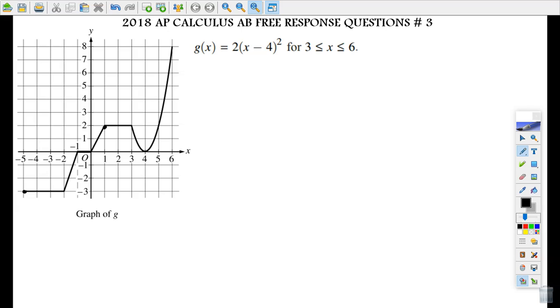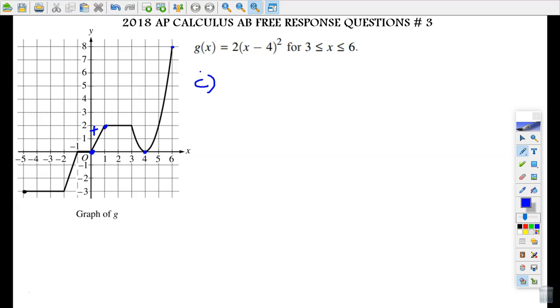The g of x values are positive between 0 and 1, and also g of x values are positive between 4 and 6. They're positive, which means f of x is increasing on these two intervals.